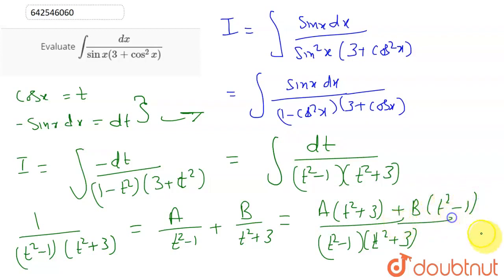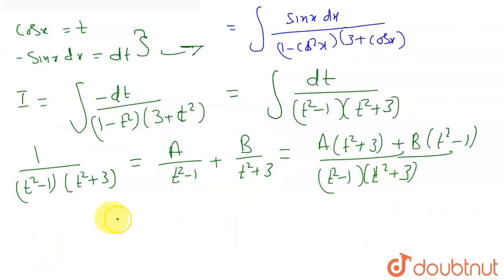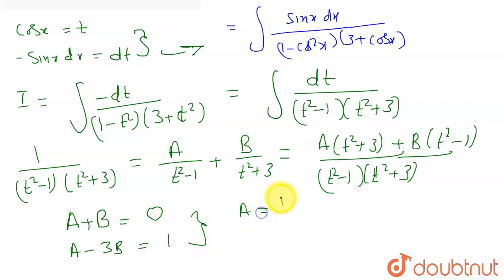So if we compare these two equations, we will get a plus b to be 0 and a minus 3b to be 1. Solving these two equations, we will get a to be 1 by 4 and b to be minus 1 by 4.